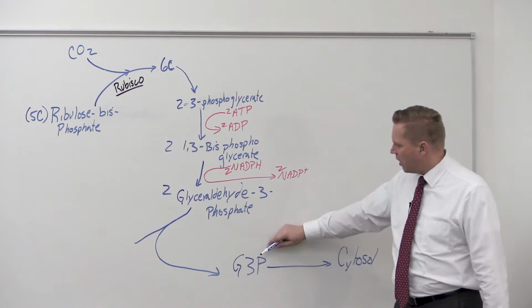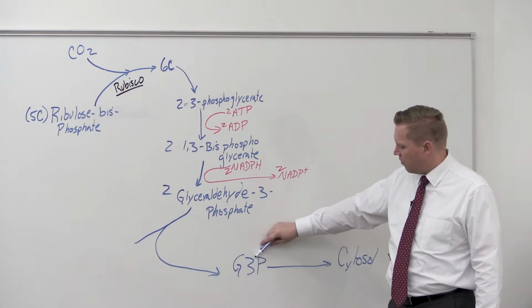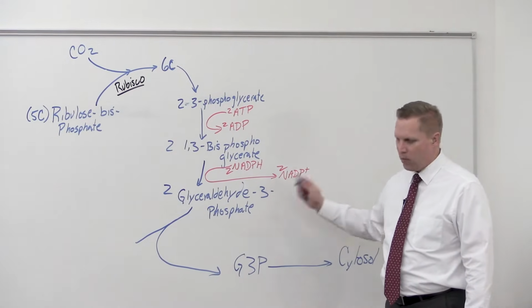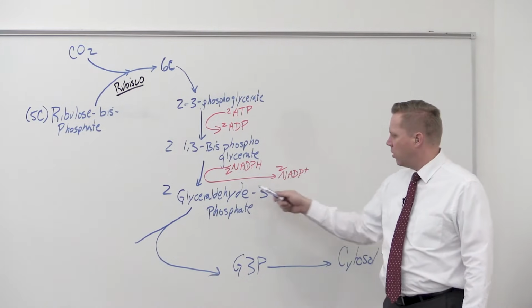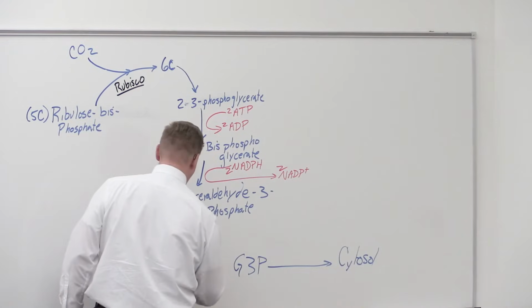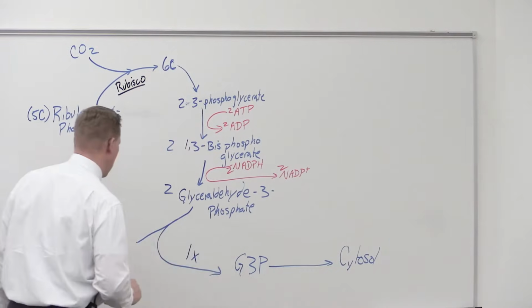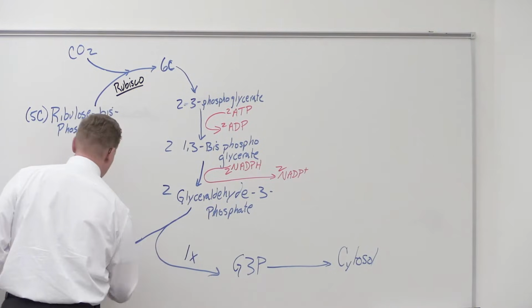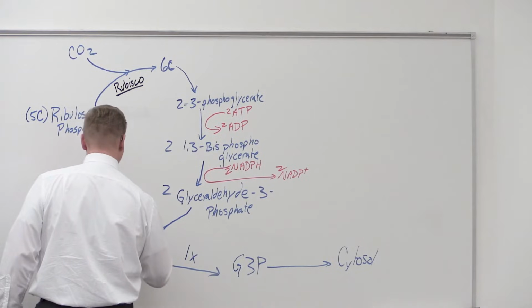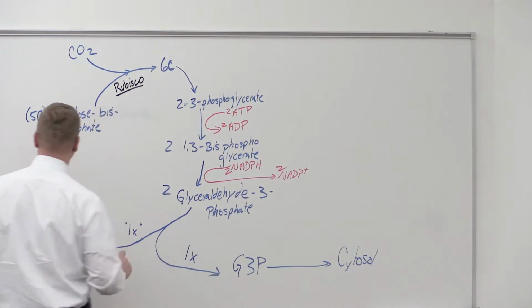Right here, instead of writing glyceraldehyde 3-phosphate, I've just given a common abbreviation, and we just call it G3P, glyceraldehyde 3-phosphate. So we're going to take one of our glyceraldehyde 3-phosphates and move it that way. And now with the rest, I'm going to put 1x here for a second in quotations.